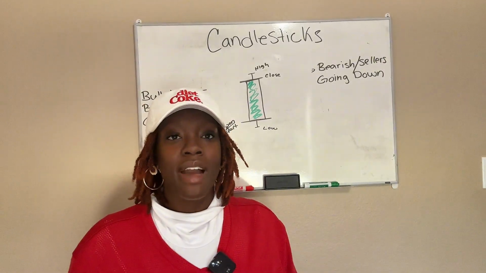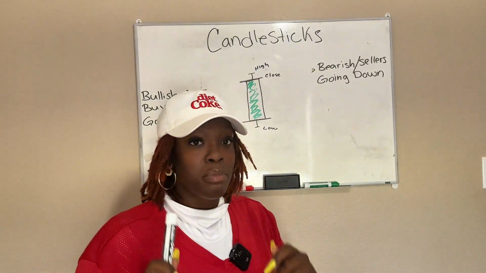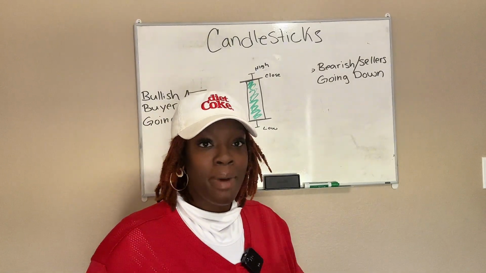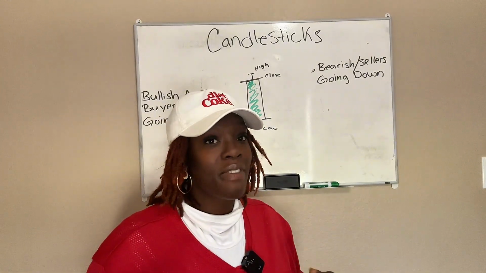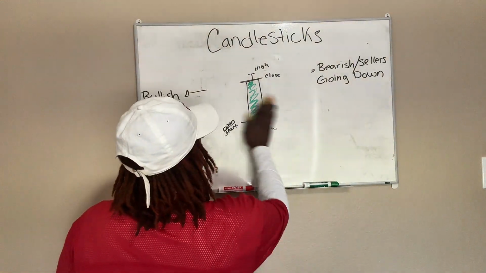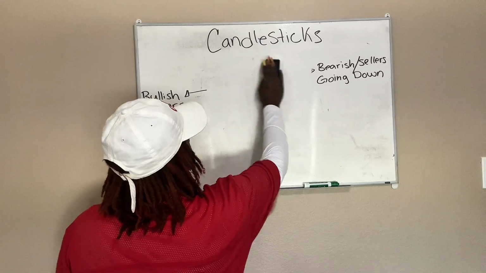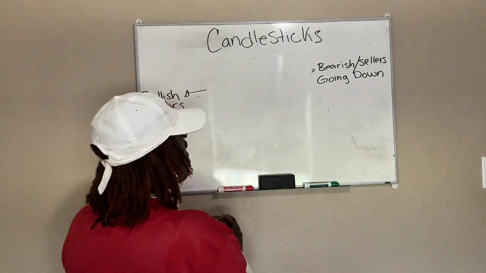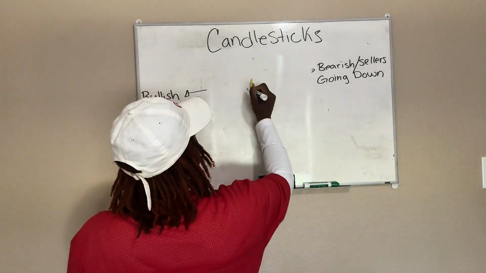Okay, so imagine you have something like this. And before I show you, keep in mind that this is a continuous fight between the bears and the bulls, all right? Imagine we have something like this.